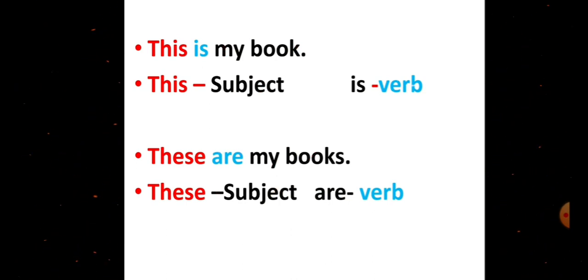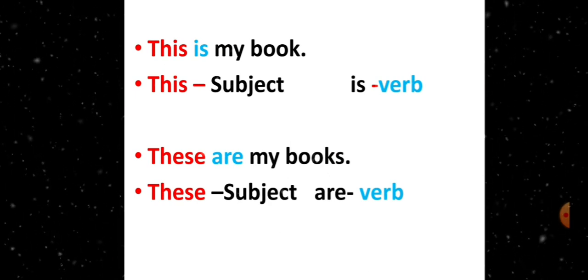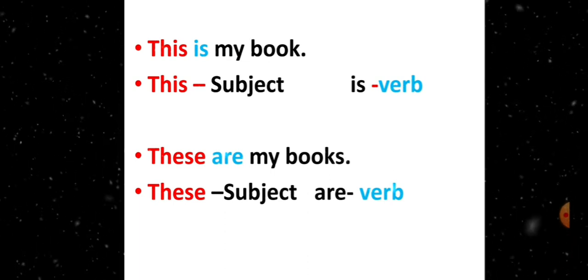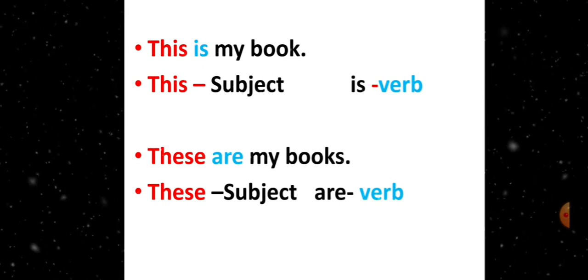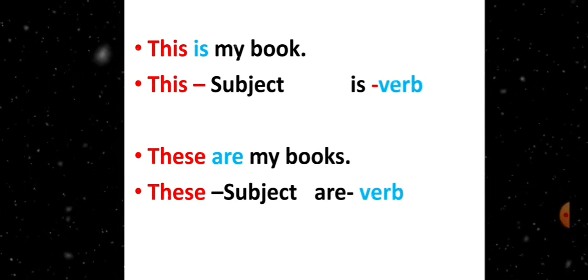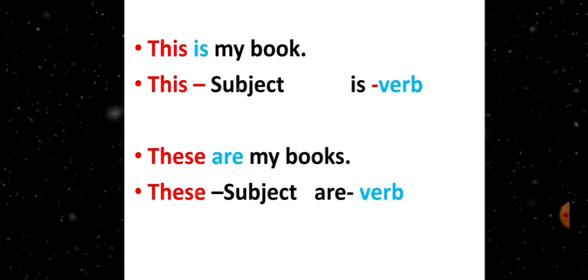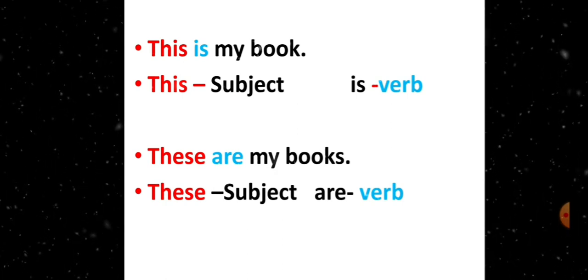Is it a singular verb or a plural verb? It's a singular verb, which means there is a proper agreement between subject and verb. Simple. Subject and verb agreement means whenever there is a singular subject, it should be followed by a singular verb. If there is a plural subject, that plural subject should be followed by a plural verb.